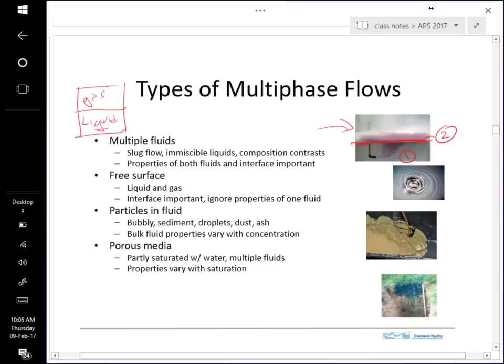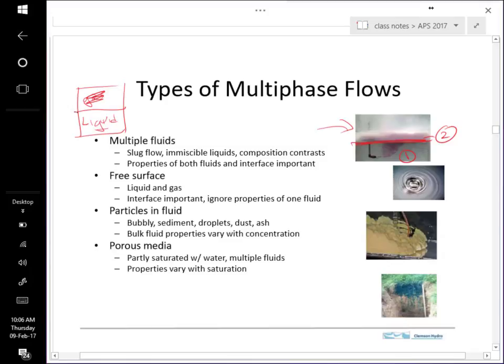Now, we might want to treat that as two fluids, but there are a lot of different problems where we don't really care too much about what's happening with the gas. The gas has a lot lower viscosity than the liquid, and the pressure in the gas stays pretty much constant. When the liquid flows, we're not really interested in what the gas is doing. So we just forget about what's happening with the gas.